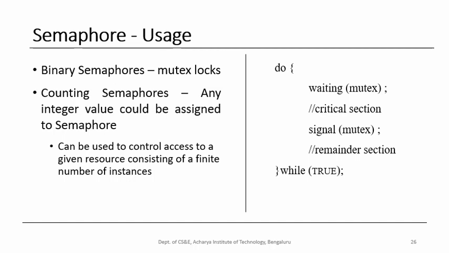The uses of semaphore are very interesting. The semaphore could be used as a binary semaphore. As the name says, S is a semaphore that can have two values, either 0 or 1.